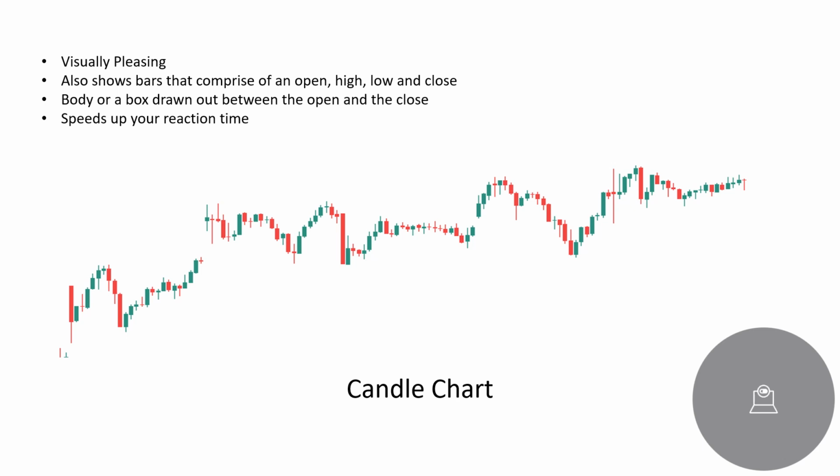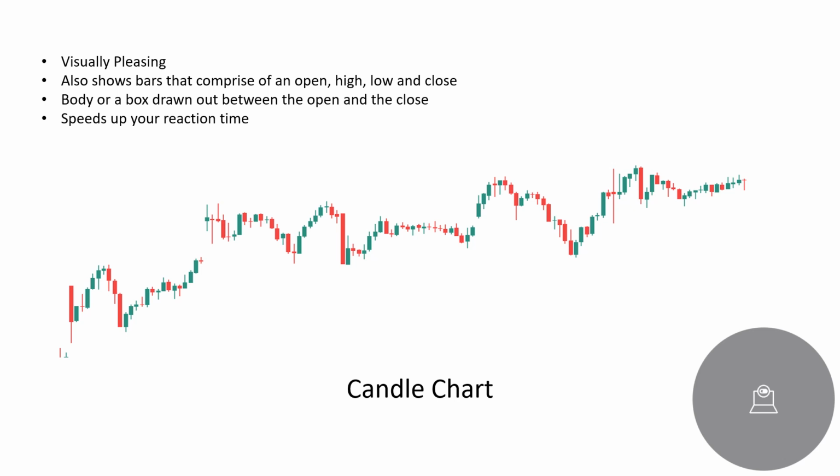A candlestick chart is probably the most visually pleasing chart you can look at on a daily basis. It also shows bars that comprise the open, high, low, and close at the end of the day. But the only difference is that there is a body, or a box if you may, drawn between the open and the close levels.